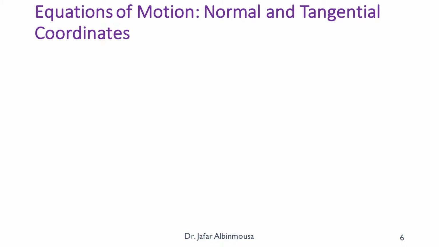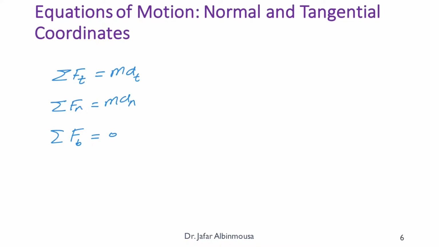So if we want to write the previous equation in three different directions, then we can say that the sum of all of the tangential forces is equal to the mass multiplied by the tangential acceleration, the sum of the forces in the normal direction is equal to m a_n, and the sum of the binormal forces is equal to 0.